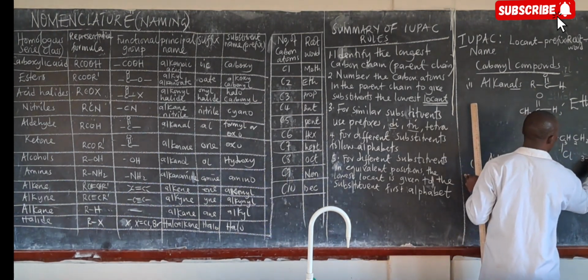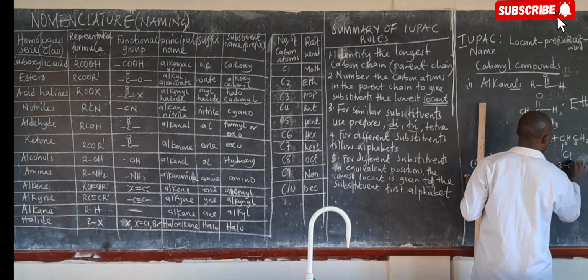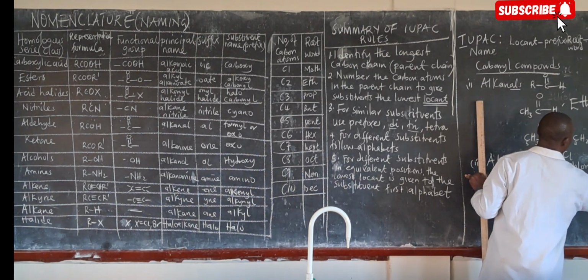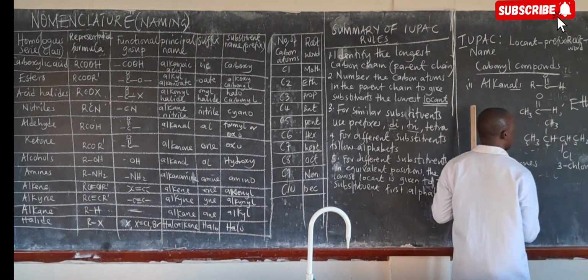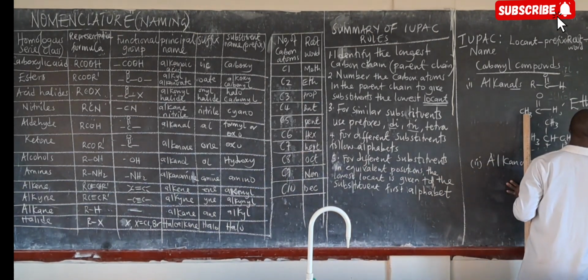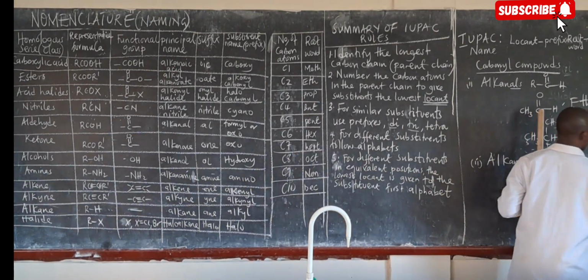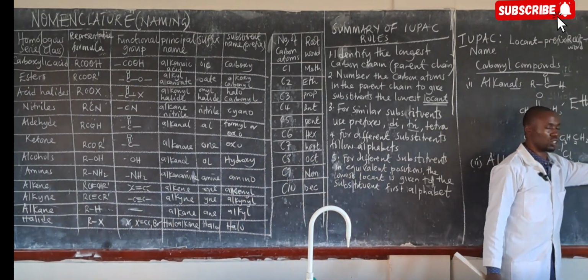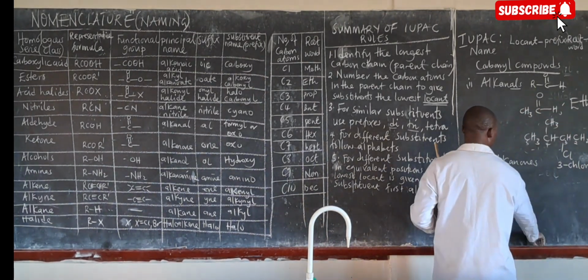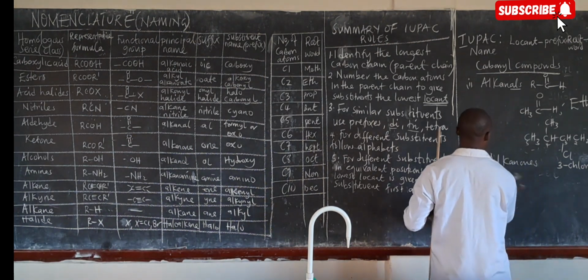So this is 3-chloro, then 4-methyl. Then since there are 5 carbons, pentanal, we don't add the locant to this one, because this functional group is always at the end. So that's how we do that for alkanols and alkanals.